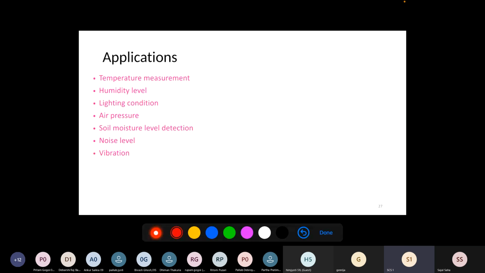Now, in terms of applications, what can we do through the sensor node? One is temperature measurement, humidity level, lighting condition, air pressure, soil moisture level detection, noise level, vibration. Vibration applications are very useful for civil engineering purposes. As I have told you, inside a bridge, if any damage is happening, it is very difficult to identify.